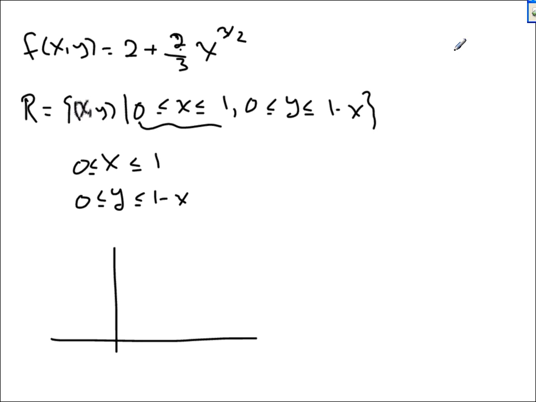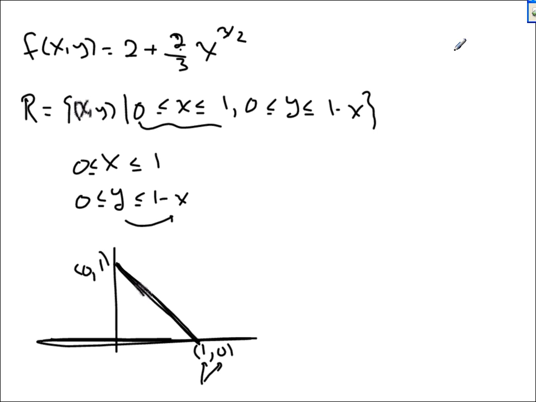Well, y equals 0 is this. And y equals 1 minus x is this. 1, 1. Because this says x plus y is 1. This is 1, 0, so of course x plus y is 1.